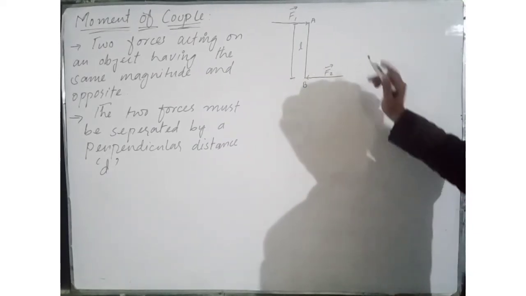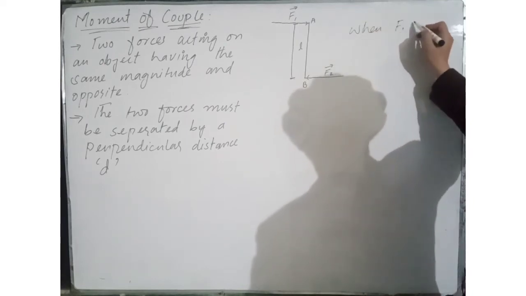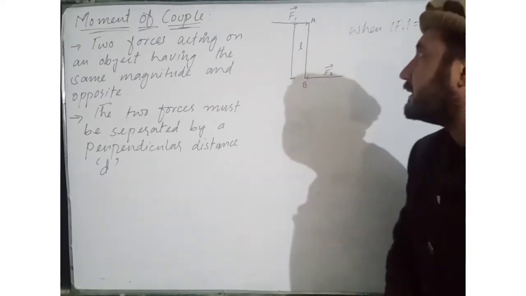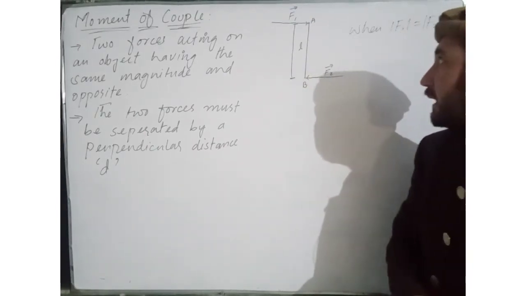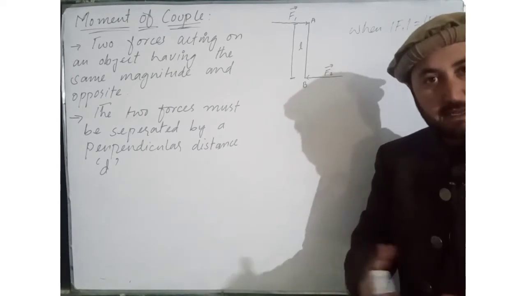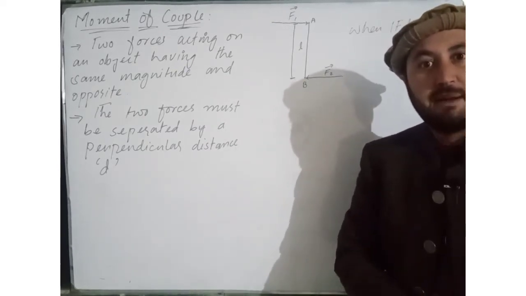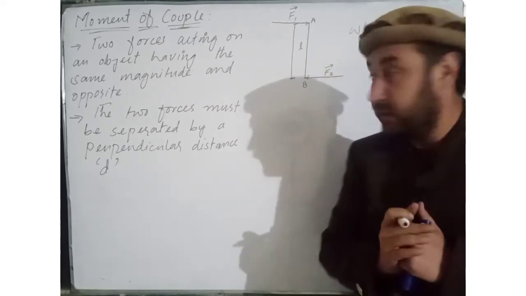Now when F1 has the same magnitude as F2, then such two forces will be known as a couple, right? So a couple is two forces of the same magnitude which act on an object in opposite directions, maintaining a perpendicular distance between them.